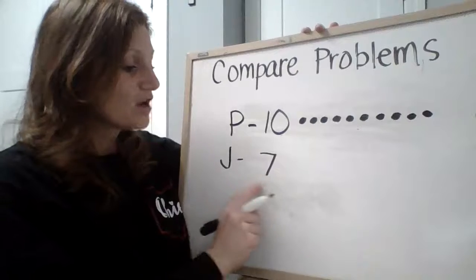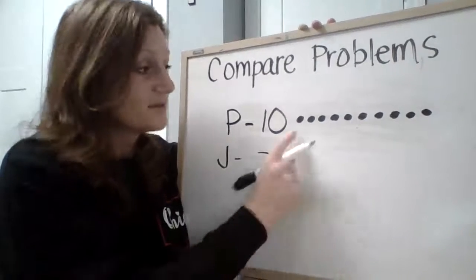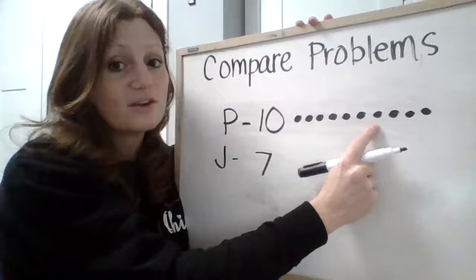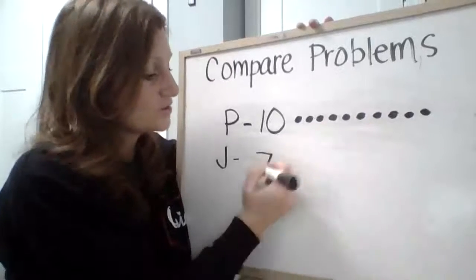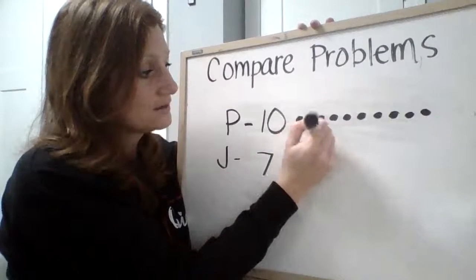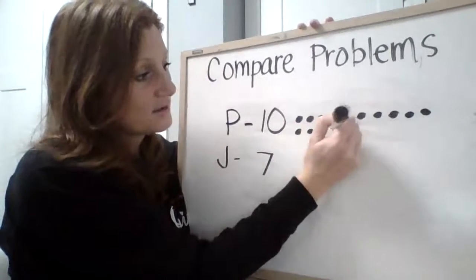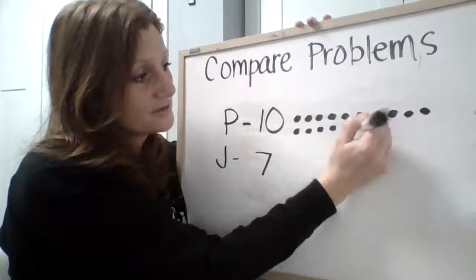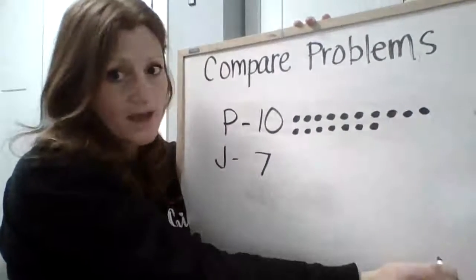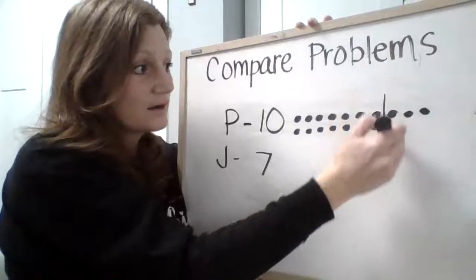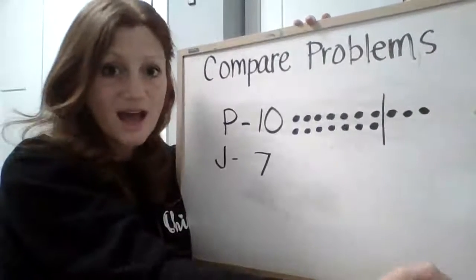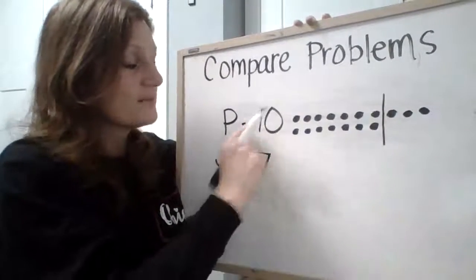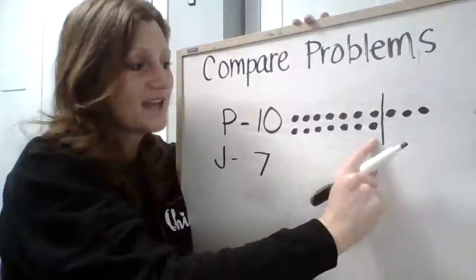And now I'm going to draw John's rocks. And when I draw these, I'm going to make sure I line them up really carefully underneath of here. So John has 7. 1, 2, 3, 4, 5, 6, 7. Okay? This is where Pete and John would have been tied. But we know that Pete has 10 and John only had 7.